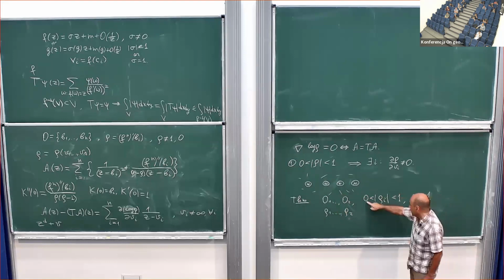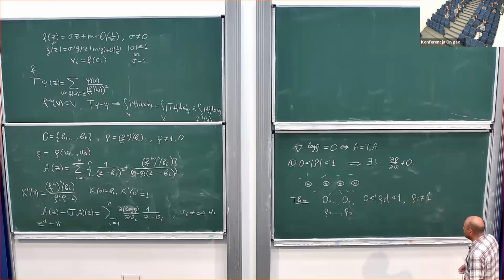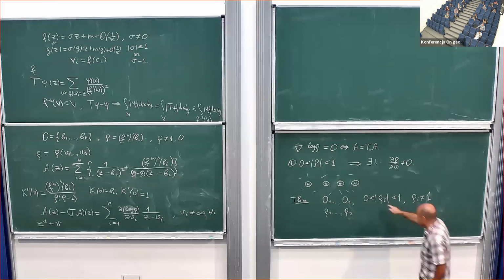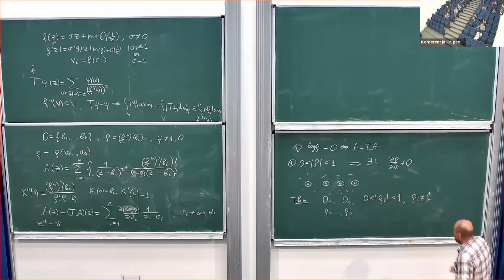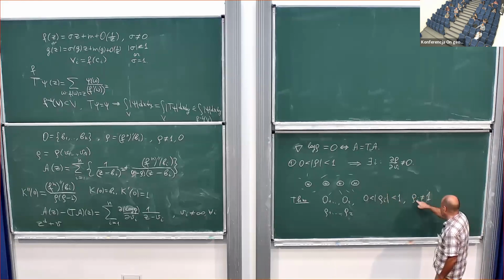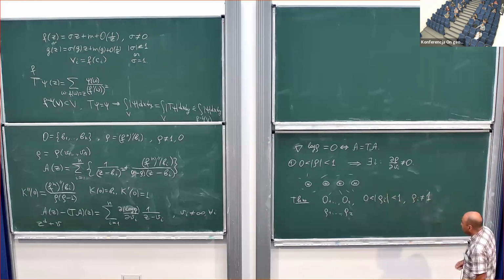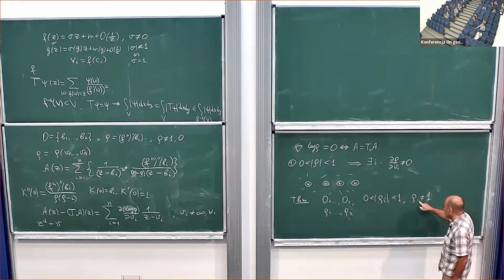For example, the case 0 can be included on the additional assumption that there is only one critical point in this orbit, since 0 means there is a critical point in the orbit. And the case 1 can also be included, assuming that it is not degenerate, so the second derivative is not 0.